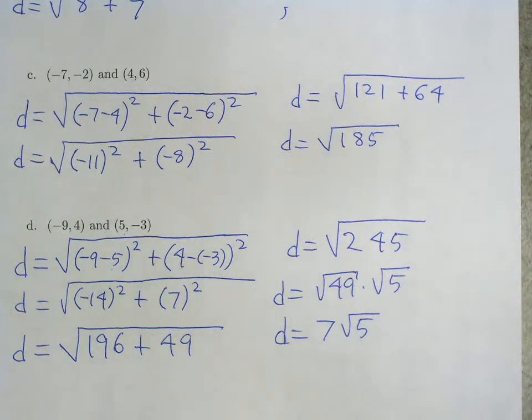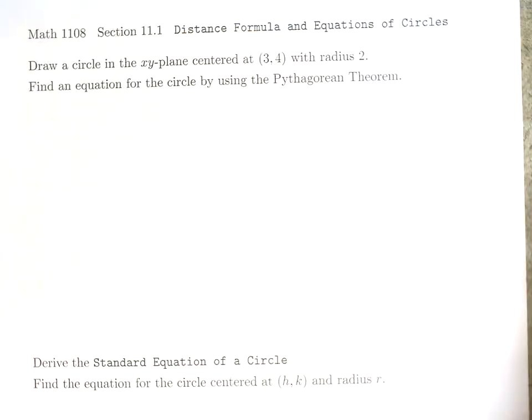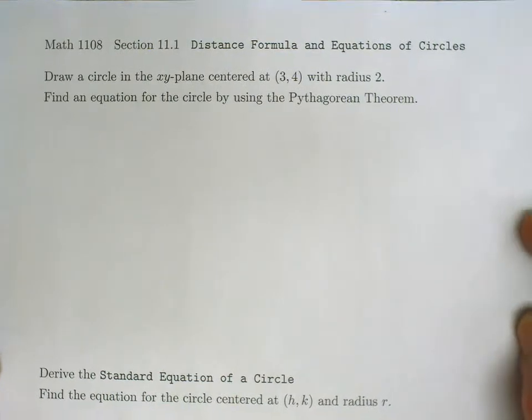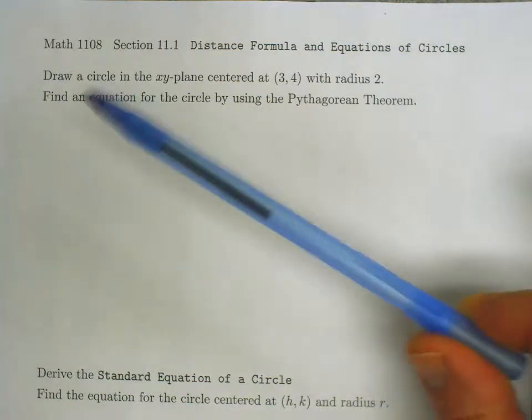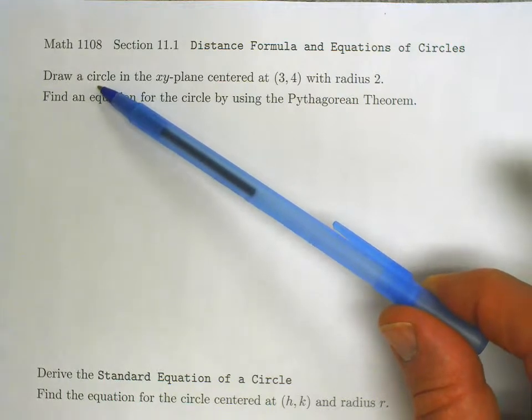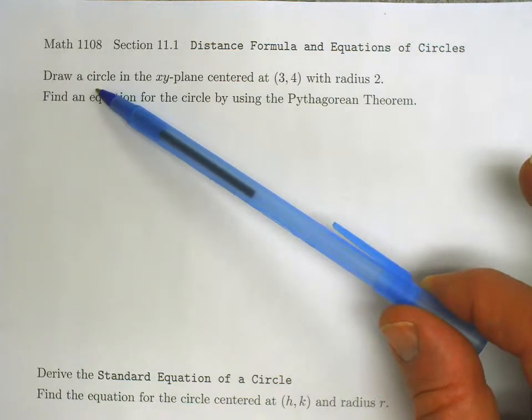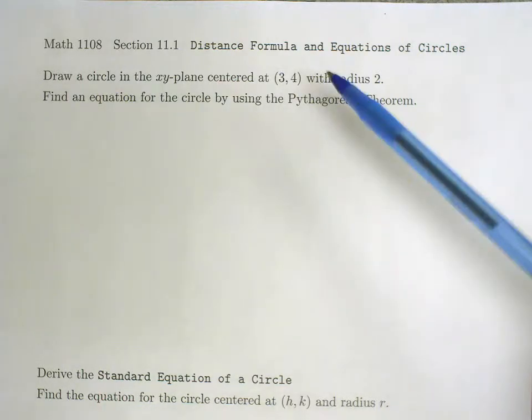Okay, now we'll start talking about circles. Well, a circle is, underneath it all, similar to what goes on with the distance formula, because one way to describe a circle is that it's the set of points that all have the same distance to the center.